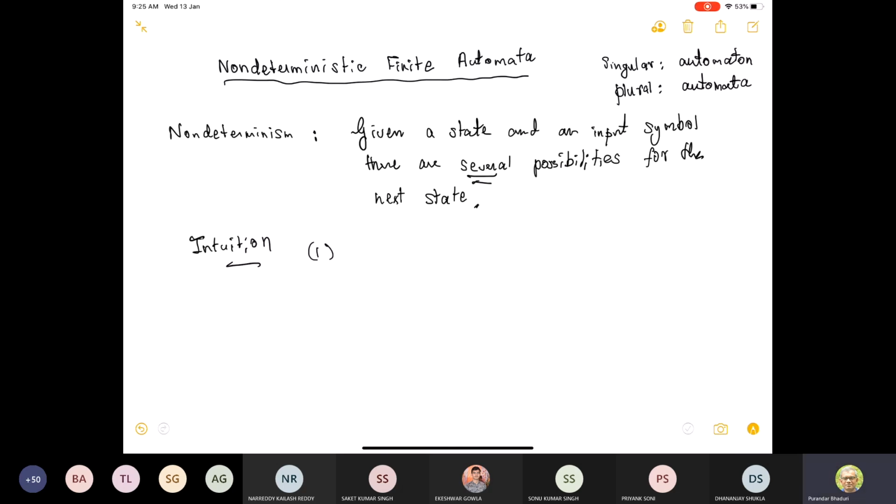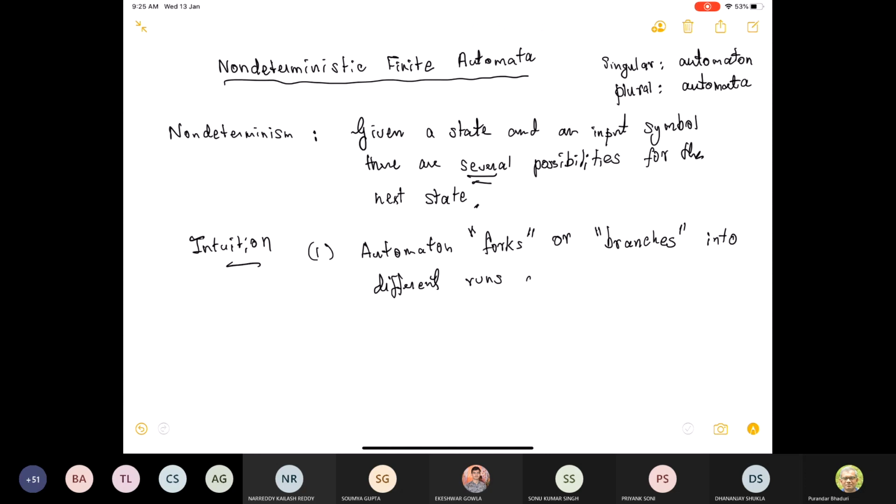One is you can think of the automaton forking or branching into different runs or computations on the same input string.